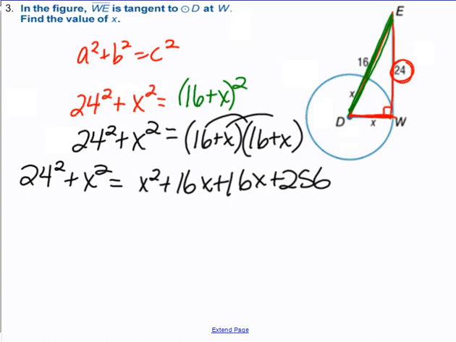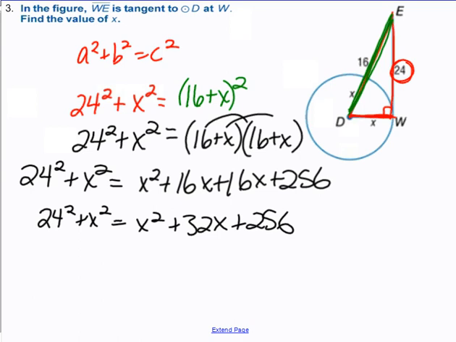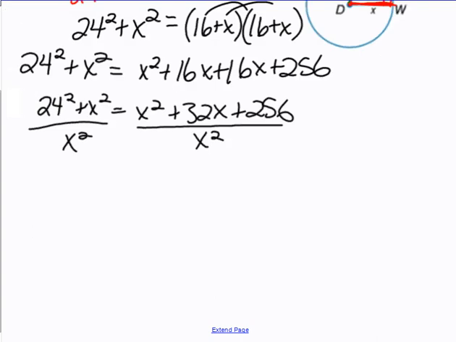Now, what am I going to do with this? Okay, I have to combine like terms still. So 24 squared plus x squared equals x squared plus 32x plus 256. I'm going to subtract x squared from both sides to get rid of that. And then I've got 24 squared equals 32x plus 256.